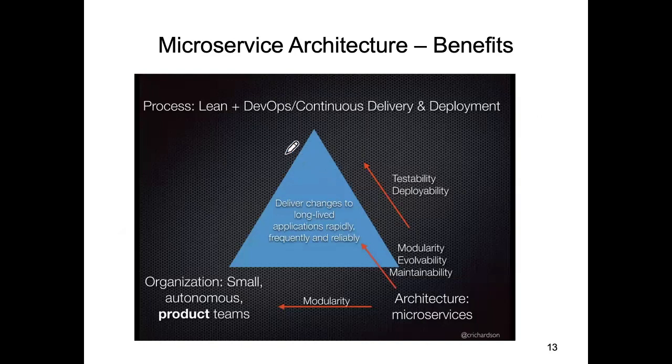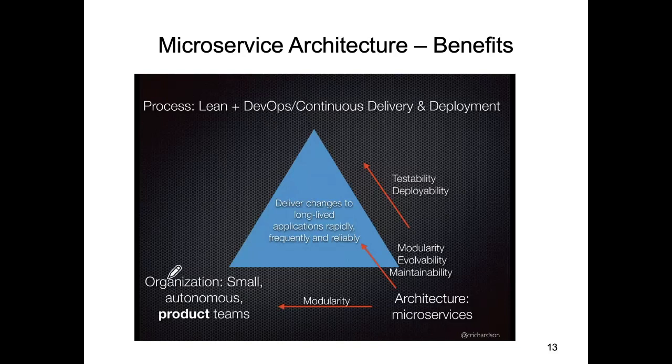So here, as a result of improved modularity, improved testability, improved maintainability, et cetera, they all mean that our process is better, and better means we can deliver new features rapidly, frequently, and reliably. Okay, so our process is improved.